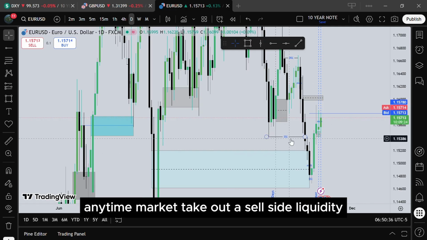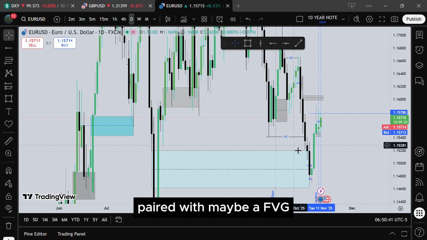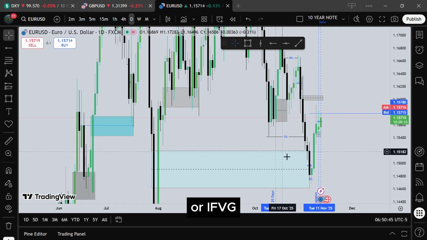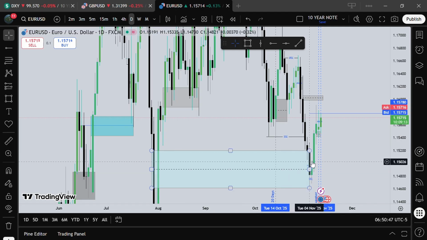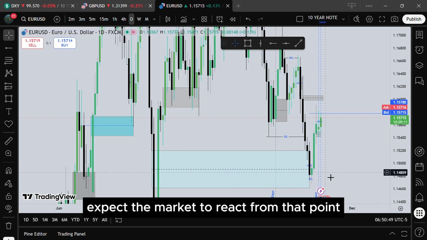And anytime a market takes out excess liquidity paired with maybe a fair value gap or inverse fair value gap, expect the market will react from that point.